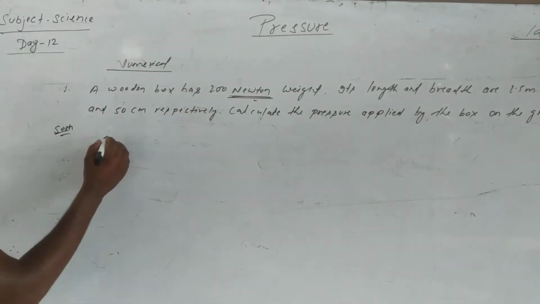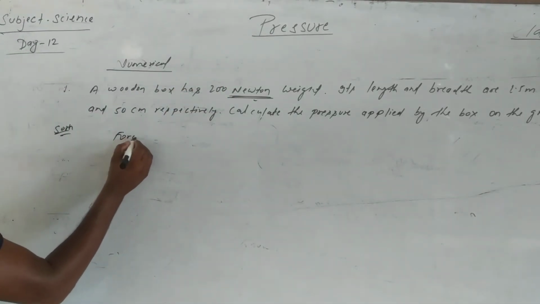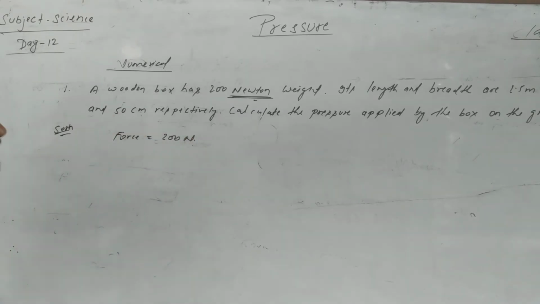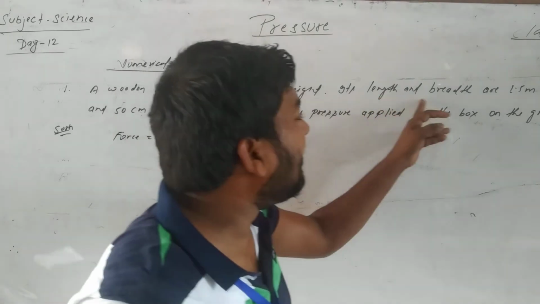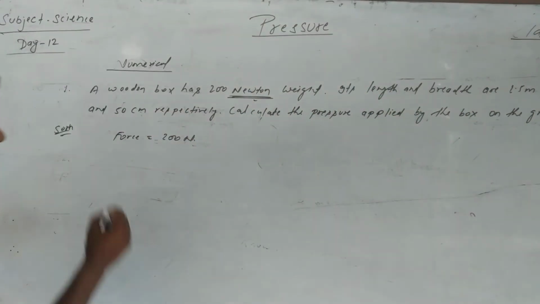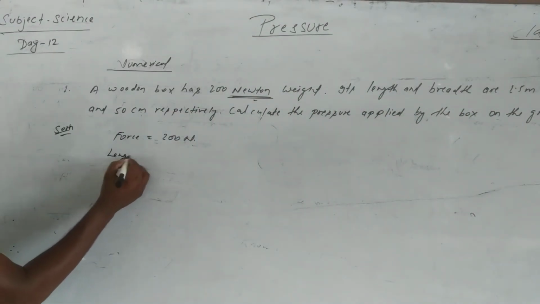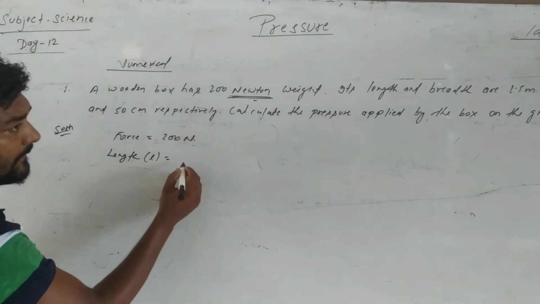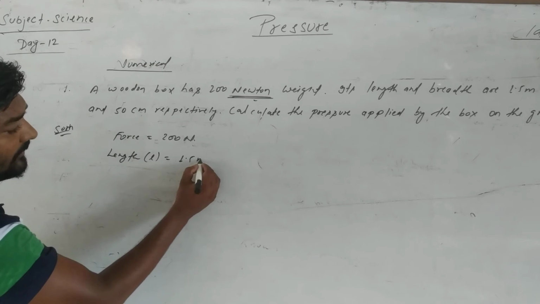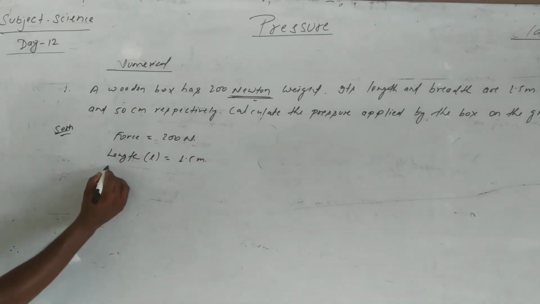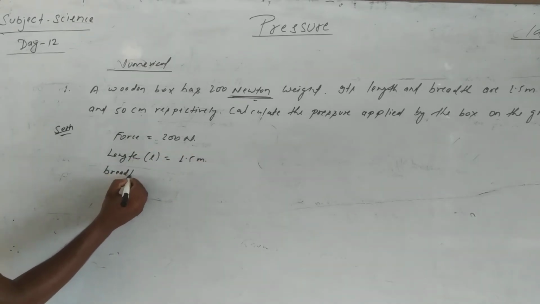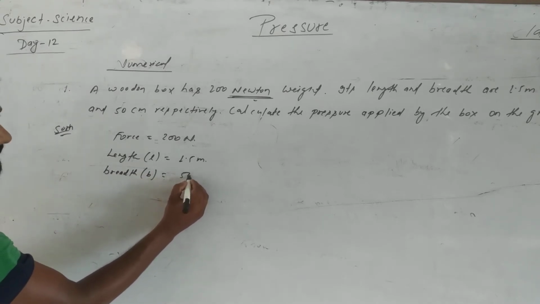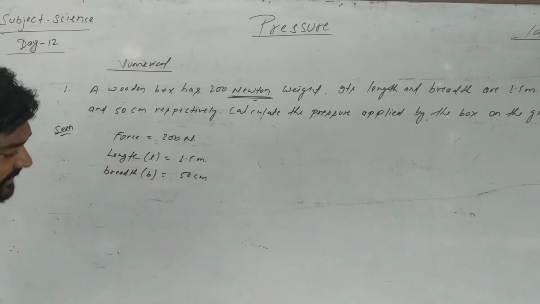So given force is equal to 200 Newton. Its length and breadth are given. Length L is equal to 1.5 meter. Breadth B is also given, which is 50 centimeter.